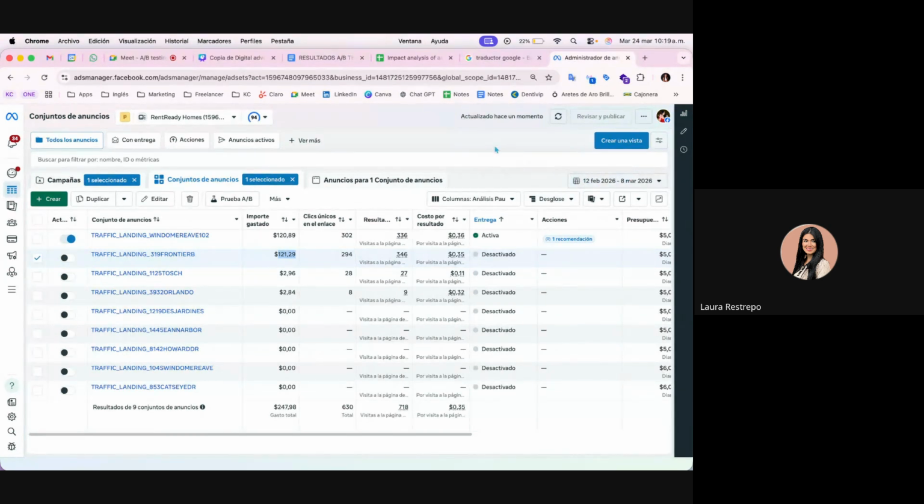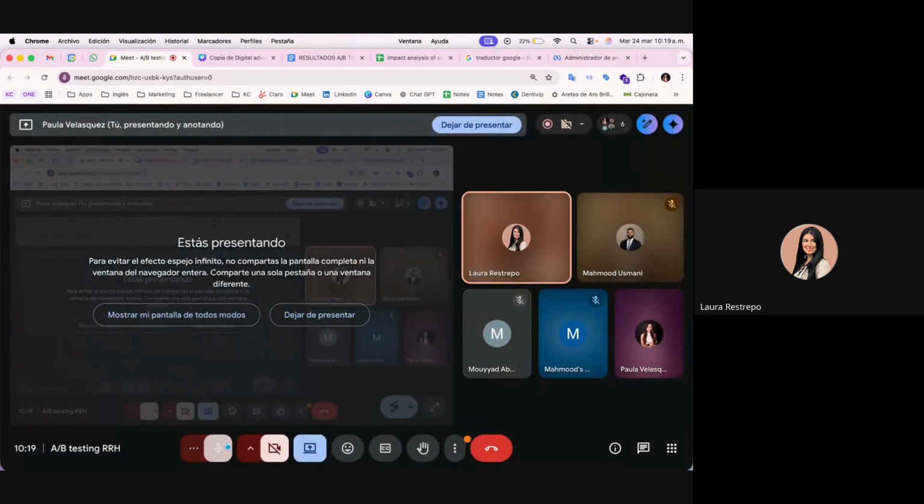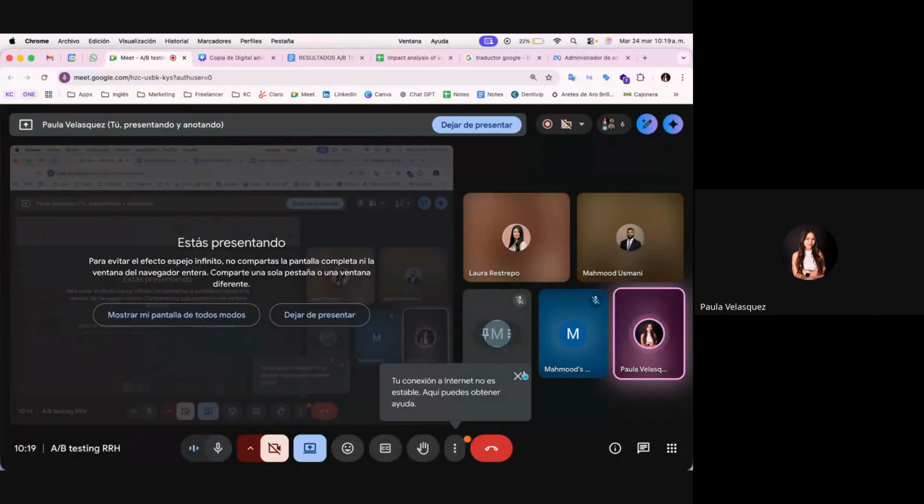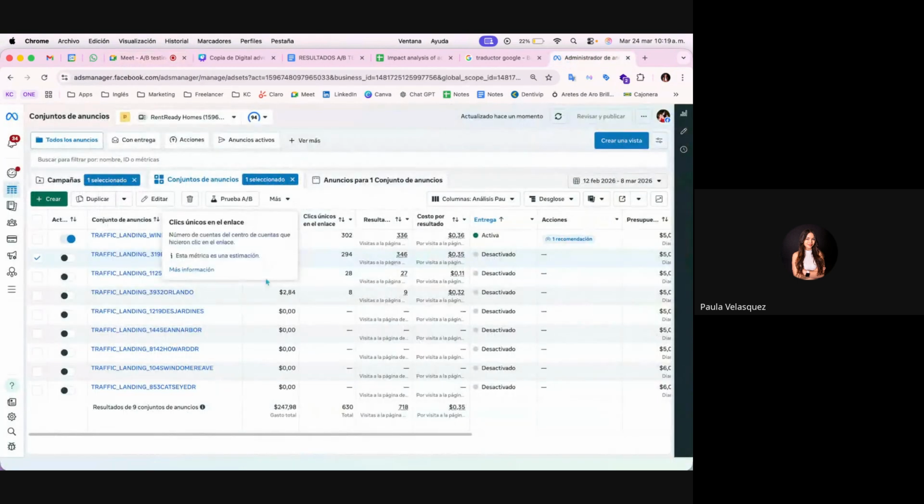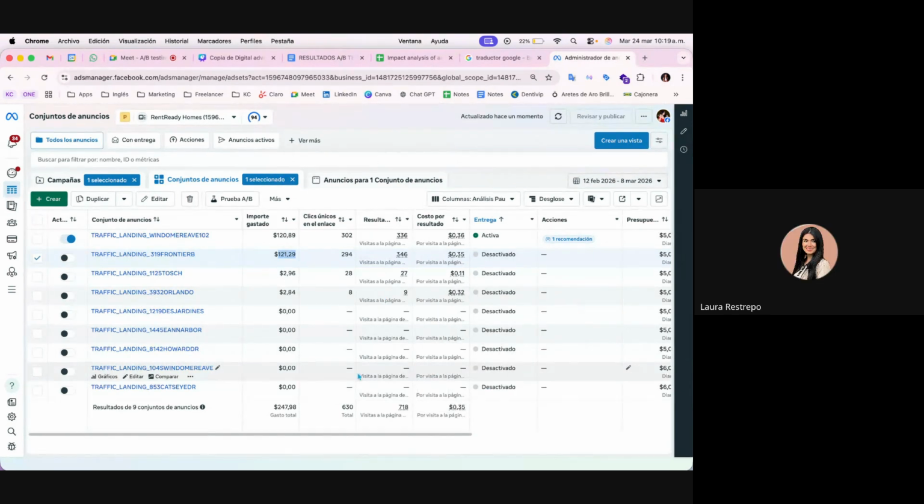Sorry, I speak with the microphone off. Yes, this is a total, but for this range of date, the $121 is a month of campaign, and this is too low a spend, because advertising in the US is expensive, and more so for that kind of niche.